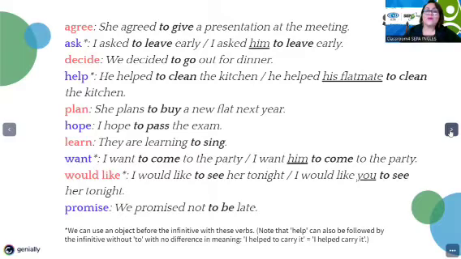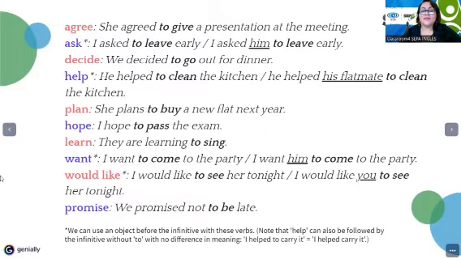All these verbs are used with the infinitive with to: after agree, ask, decide, help, plan, learn, want, would like, and promise. We use the infinitive with to and the verb.